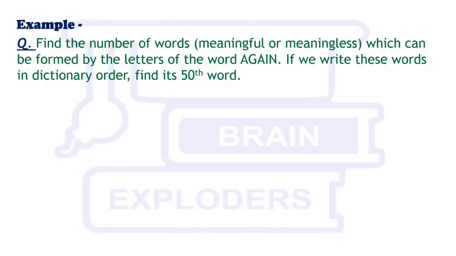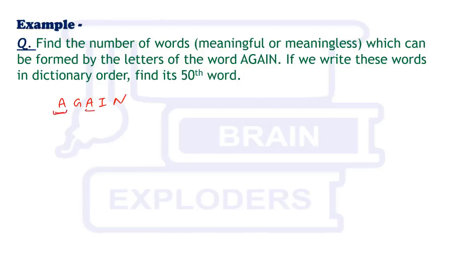Find the number of words, meaningful or meaningless, which can be formed by the letters of the word AGAIN. If we write these words in dictionary order, find its 50th word. In the word AGAIN, we have 2 A's over here, meaning an object is repeated.